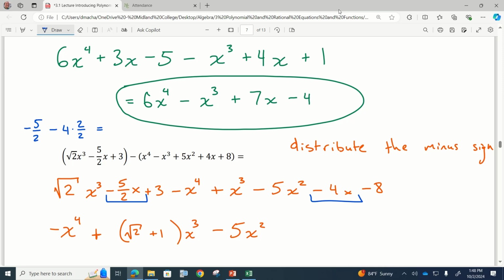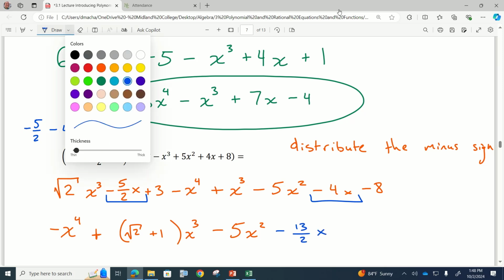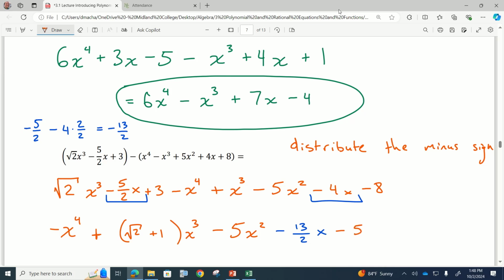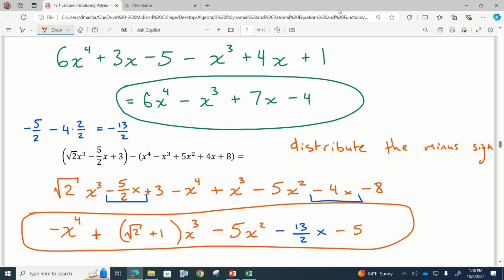So I have to find a common denominator. And that's going to be -5/2 minus 8/2. So it would be -13/2. And then lastly, I have my constants. My constants are 3 minus 8, so that's minus 5. So if you're subtracting, just remember to distribute the minus sign.